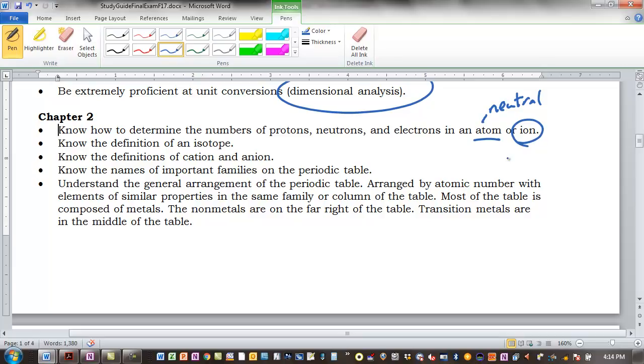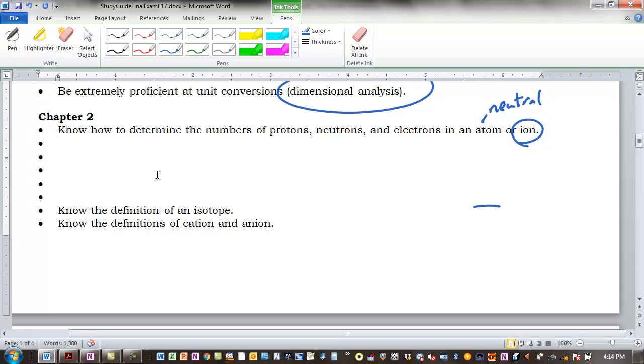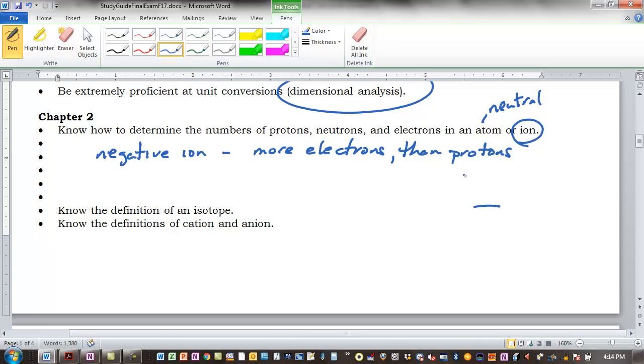If we have a negative ion, the atom has gained electrons. So that means if you have a negative ion, you're going to have more electrons than protons. And remember the protons don't change. The protons are what identify the element.